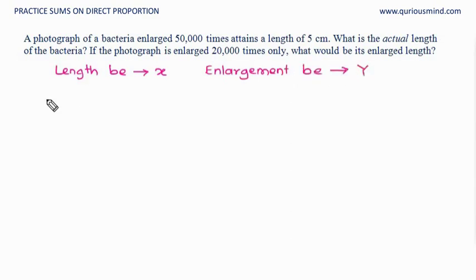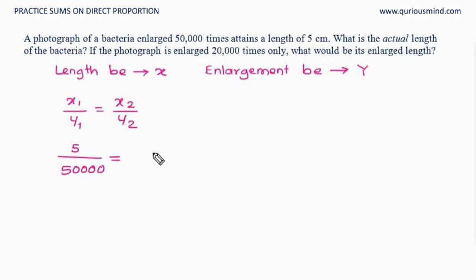Okay, so we know X1 upon Y1 is equal to X2 upon Y2. So first, 50,000 enlargement. So Y is 50,000, attains a length of 5 cm. So 5 upon 50,000 is equal to, now we want to know the actual length.